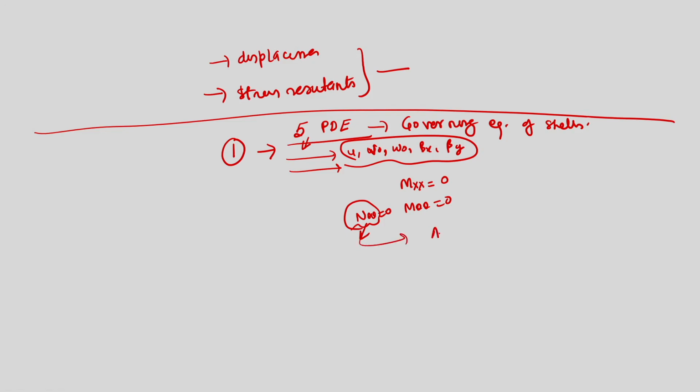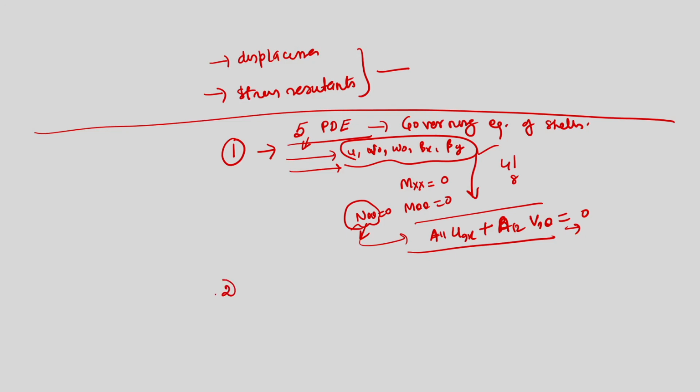Let us say A11 times u comma x plus, I am just assuming it, A12 times v comma theta and so on. So, we satisfy the boundary condition in this sense, because n theta theta is not our variable at that time, and these governing equations may be 4th order, sometimes higher order, 8th order and so on.